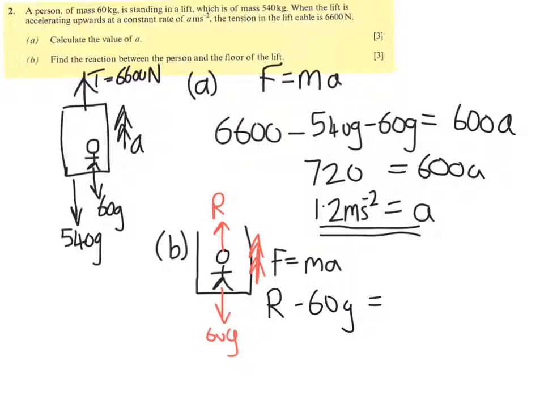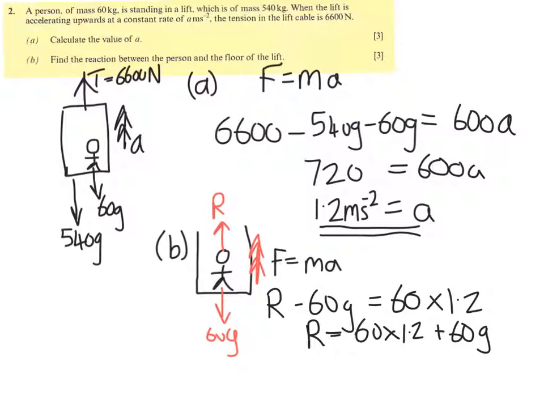I'm only interested in the person in this question, so it's only 60 times acceleration. We've just worked that out, that's times 1.2. So I can rearrange that and get R equals 60 times 1.2 plus 60 g, which is 9.8. Do that in your calculator and you're going to get, hopefully, 660 newtons.